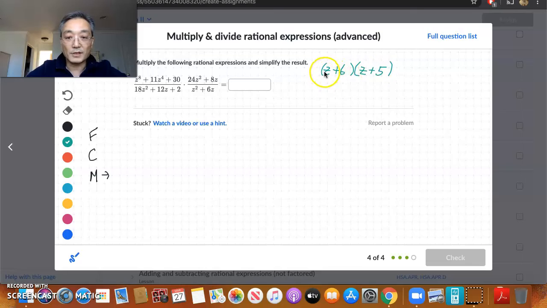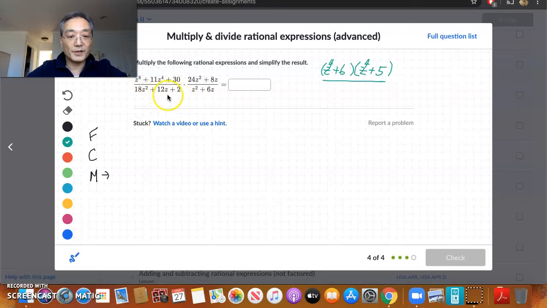But it's not z squared, it's z to the 8th. So therefore it looks like we're going to have to do z to the 4th for each of these, right? Z to the 4th, because z to the 4th times z to the 4th is z to the 8th, right? Okay. Divided by 18z squared plus 12z plus 2.